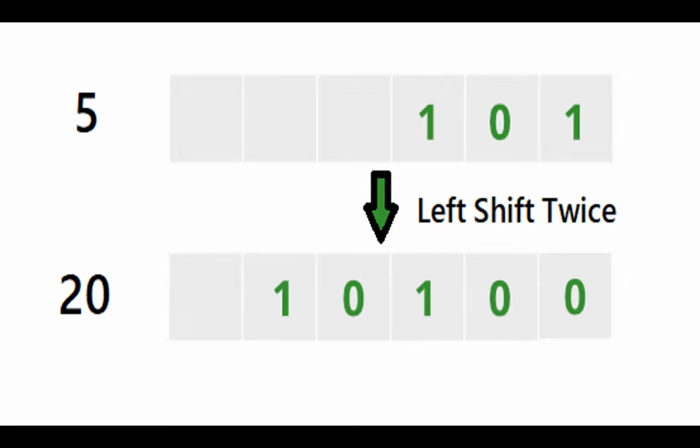The decimal is 20. So as you can see, it's a multiplication by 4. So shifting by 2 places is like we're multiplying by 4. Why? Because 2 times 2 power 2 is 4. So it's like we are multiplying by 4. Isn't that elegant?